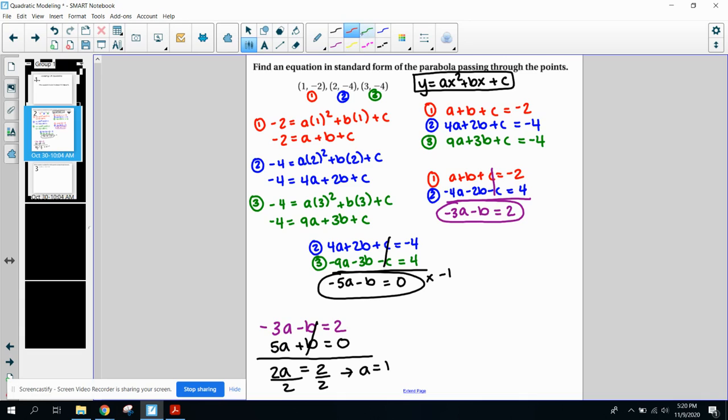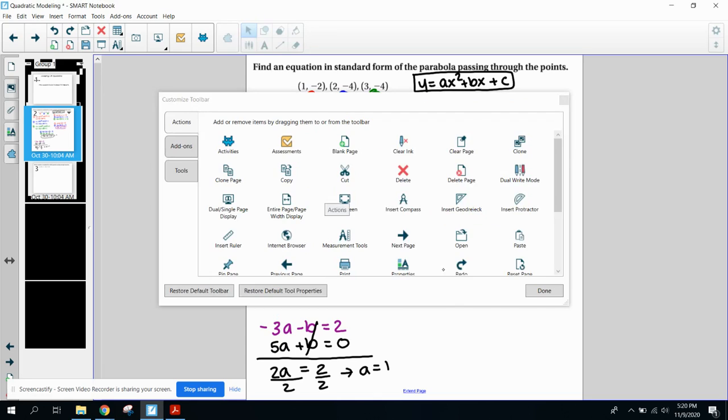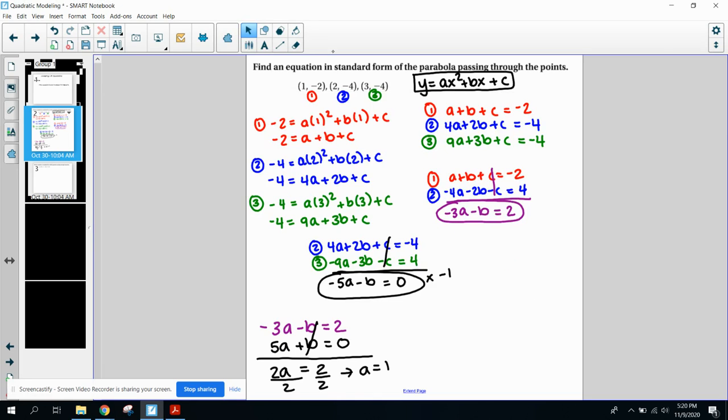So what I'm going to do is go to my -5a minus b equals 0 equation, and I'm going to plug in negative 5 times 1 minus b equals 0. So I get -5 minus b equals 0. So I end up getting that b is equal to -5.